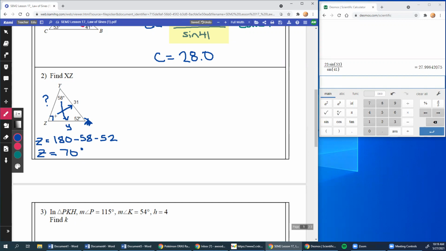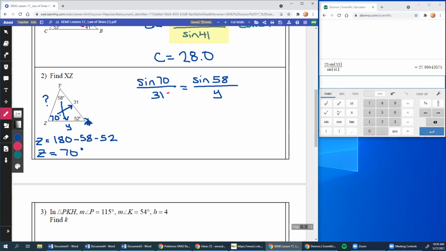So now we can set up our law of sines. Sine 70 all over 31 is equal to sine 58 all over y.